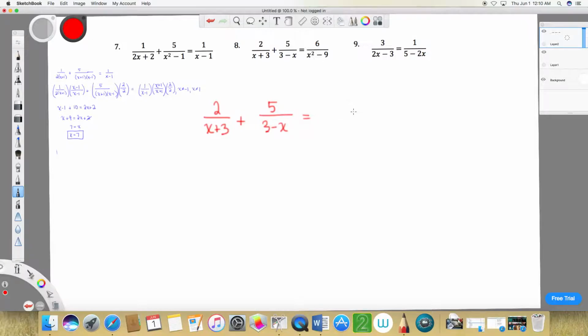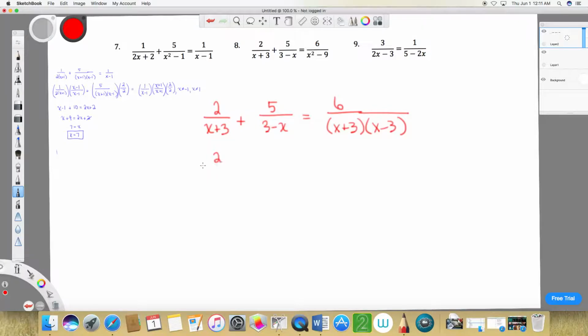And over here, x squared minus 9 factors to x plus 3 times x minus 3. All right, so that's the denominator I want to have here. And over here I have the x plus 3. It's missing the x, but 3 minus x is not equal to one of these two factors. I'm going to have to change that.